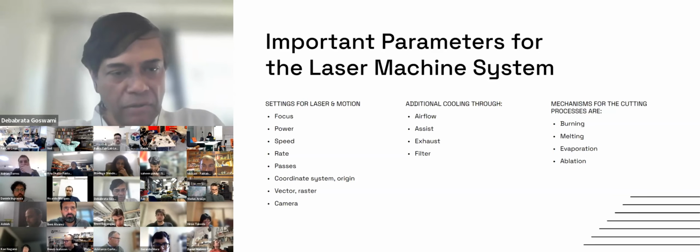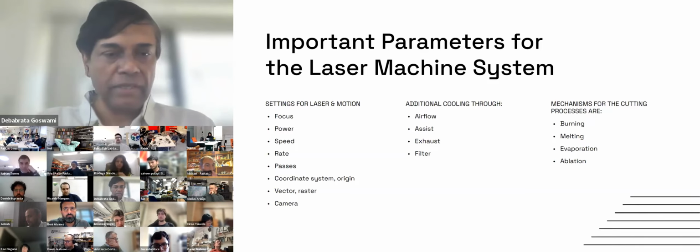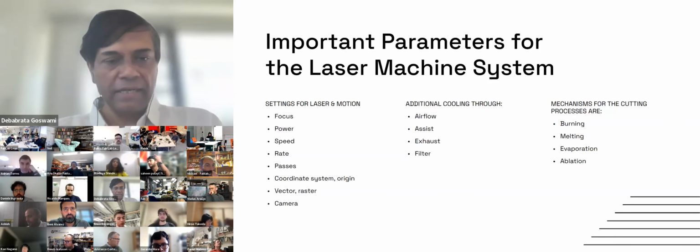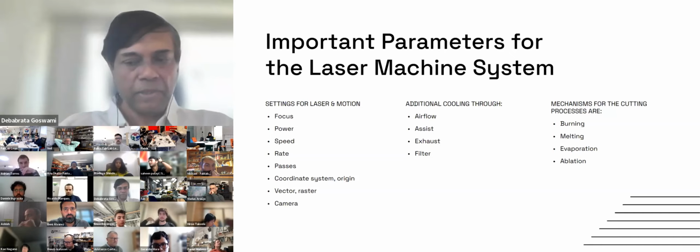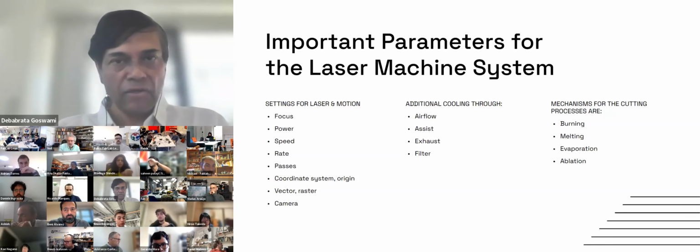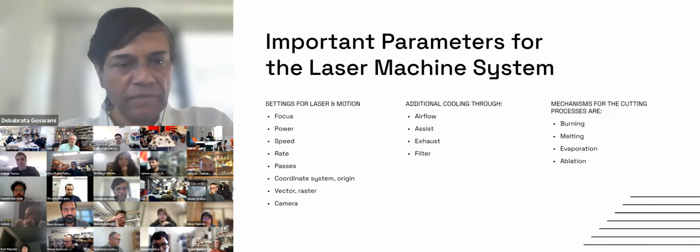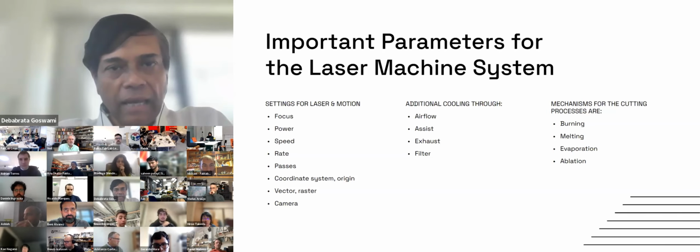Then you also have to make sure that your design condition is set properly so that the coordinate system origin is set, the vectoring of the design, and the rastering of the part that you have made. And last but not least, the camera, multiple cameras are always better in deciding how you are going to go ahead with the execution of the process.